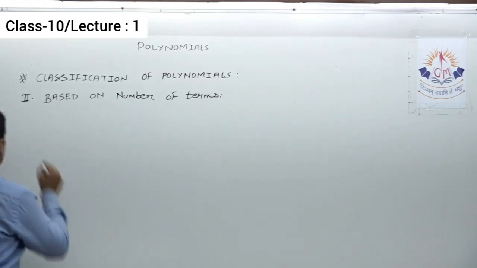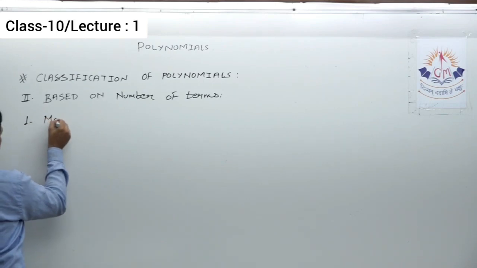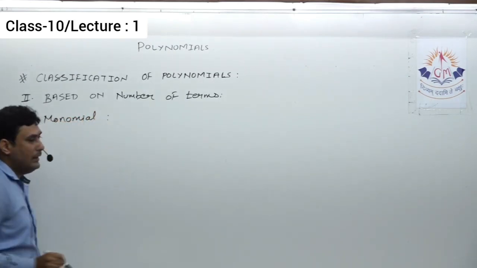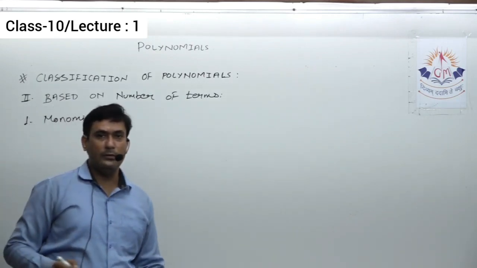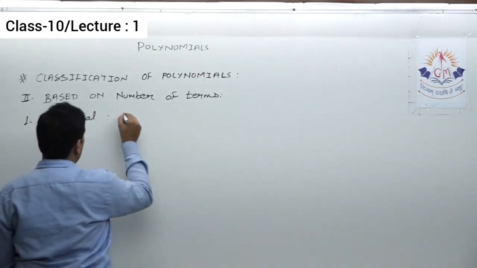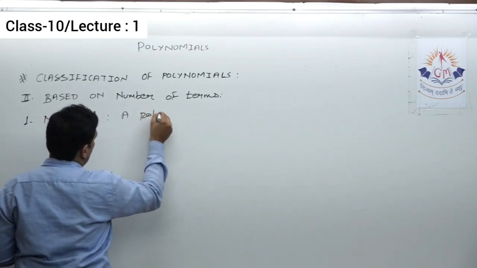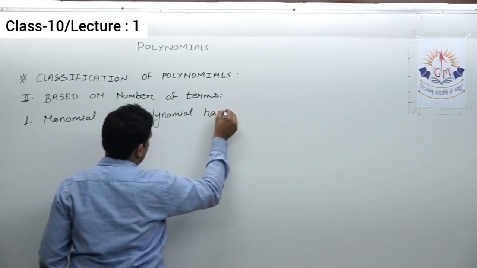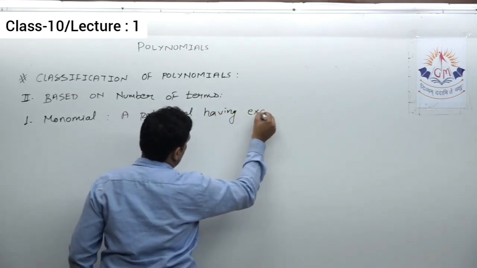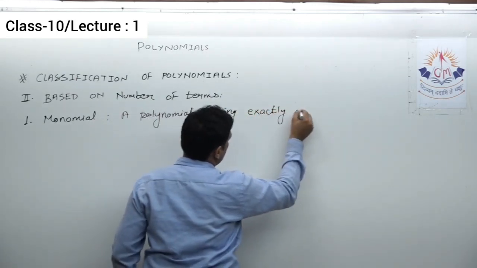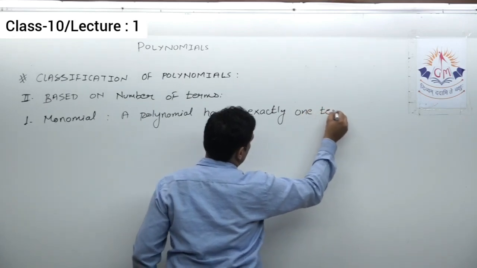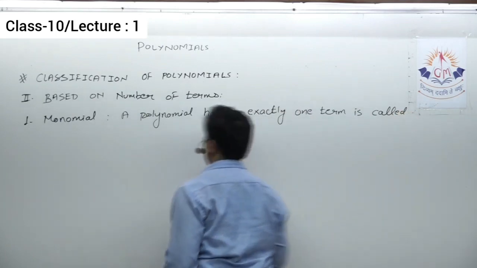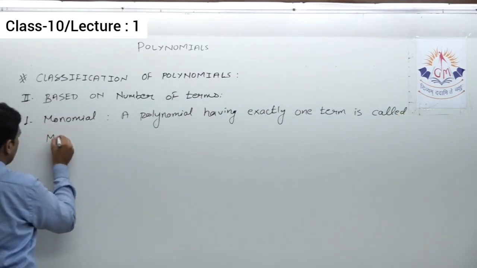First is monomial. A polynomial having exactly one term is called monomial.